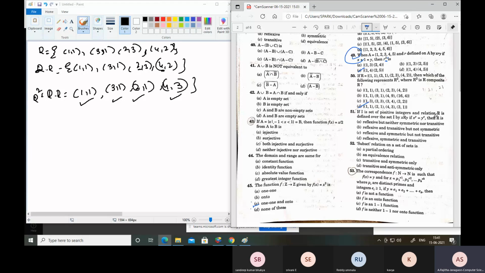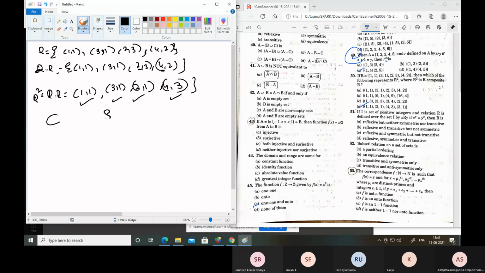It satisfies reflexive, symmetric and transitive. Okay. Now, here there is a subset relation on a set of sets. Suppose S is some set of sets.